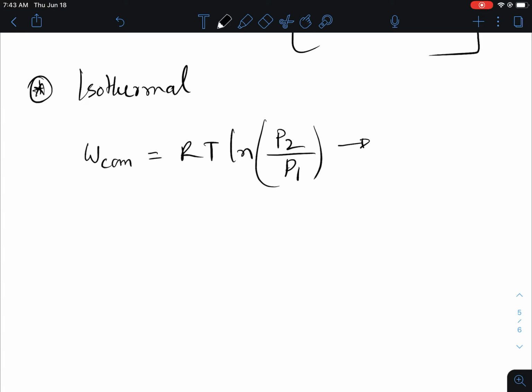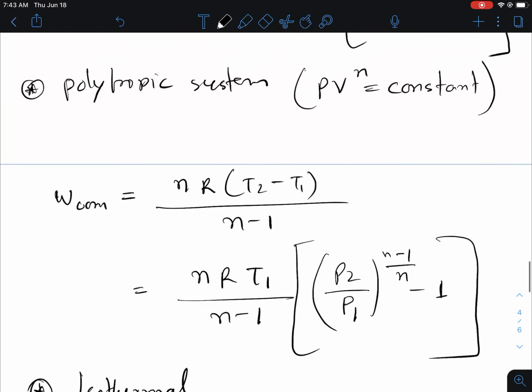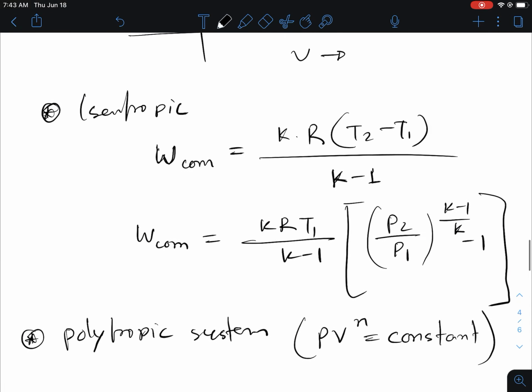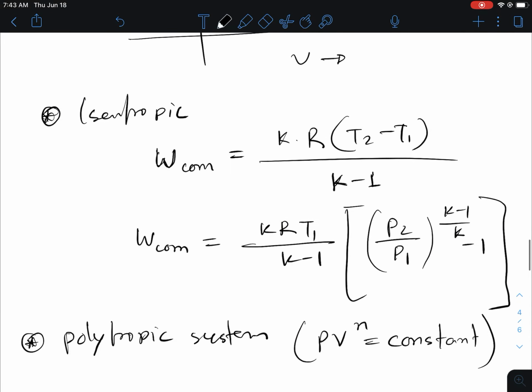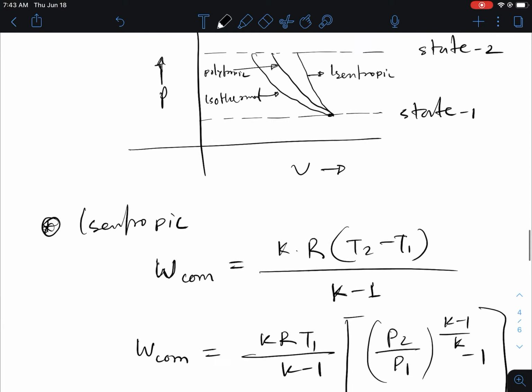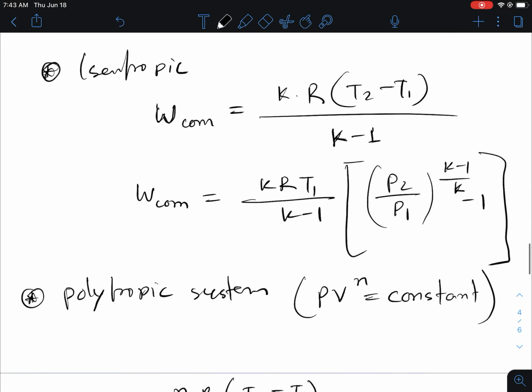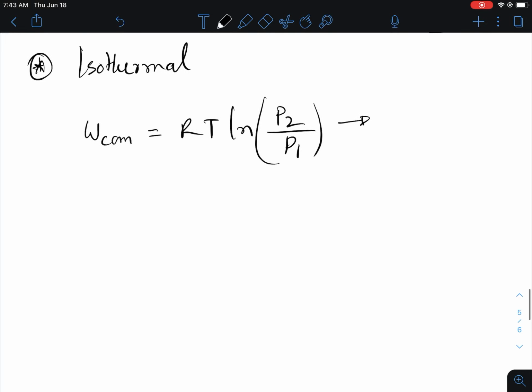That means if you can somehow keep the temperature of that compression system constant, it will have minimum work consumption. So that's the relationship between thermodynamic processes and the work consumption by a device.